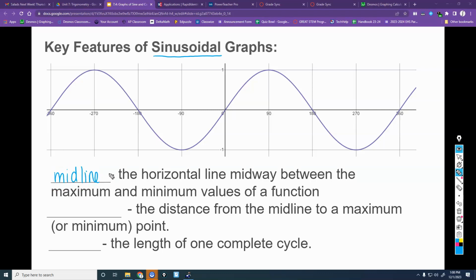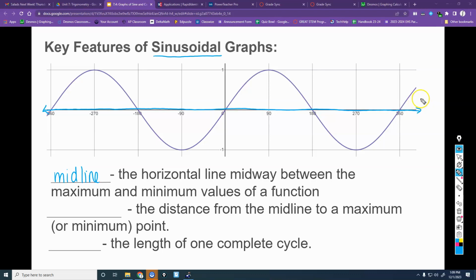Okay, the midline of a sinusoidal graph, or a sine or a cosine function, is the horizontal line midway between the maximum and minimum values of the function. So I just have sine of x graphed right here, the basic sine graph. What is the midline for this? It's y equals 0. It's just that x-axis, right? So this is my midline right here.